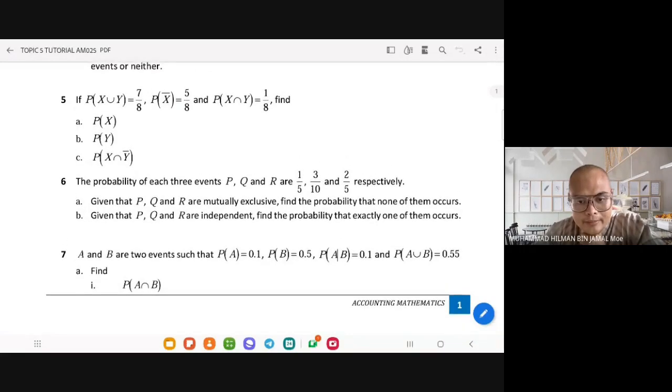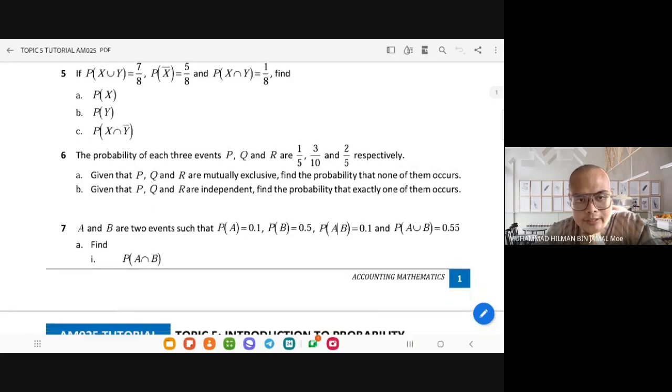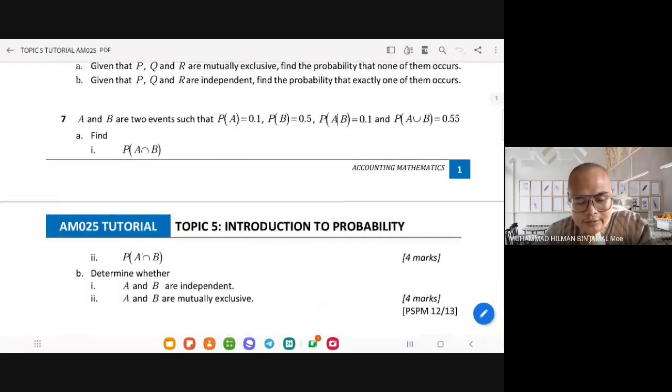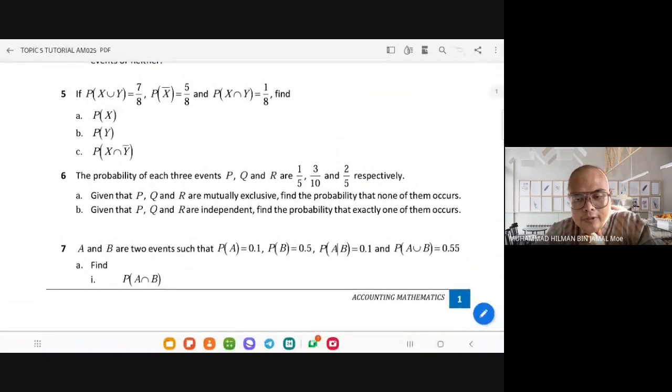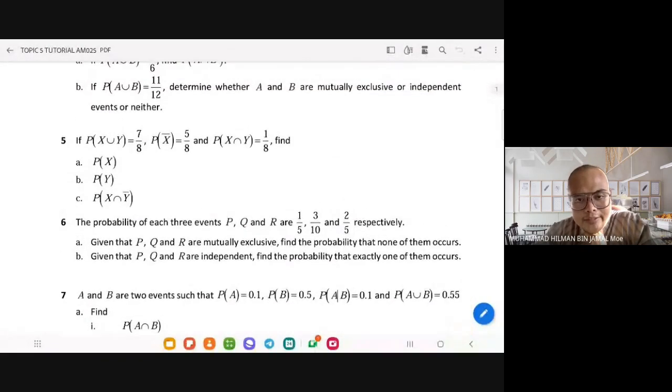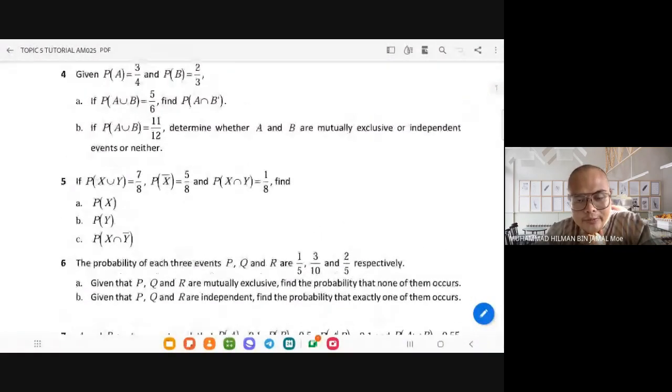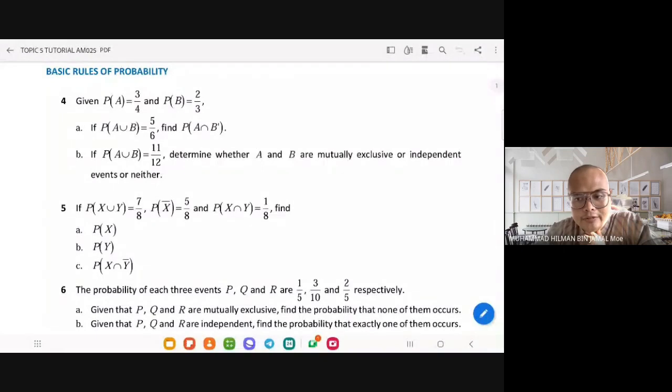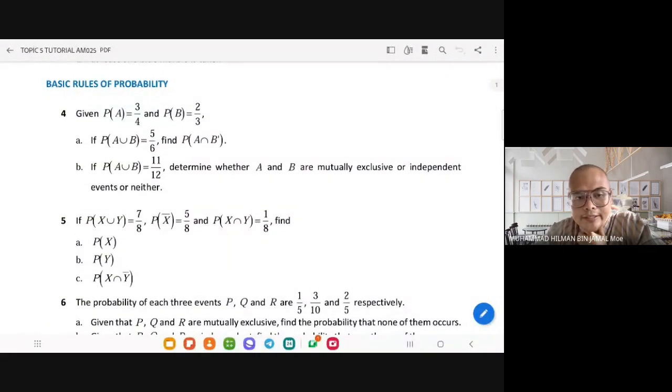Tapi apa yang saya suruh tu you kena buat lah before the class, before the discussion. Okay, if you tak buat before the class, then you memang tak faham lah kita punya discussion dalam kelas and is wasting your time and wasting my time. Okay, so instead of wasting our time, so why not you do the right things.